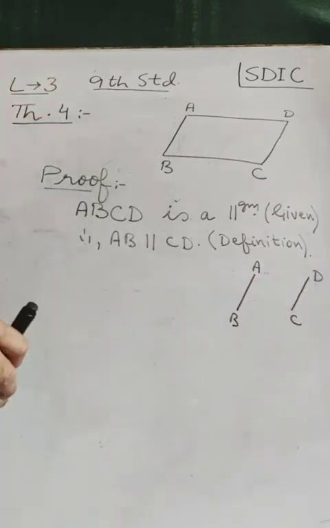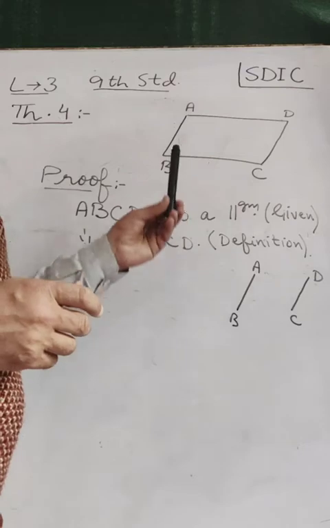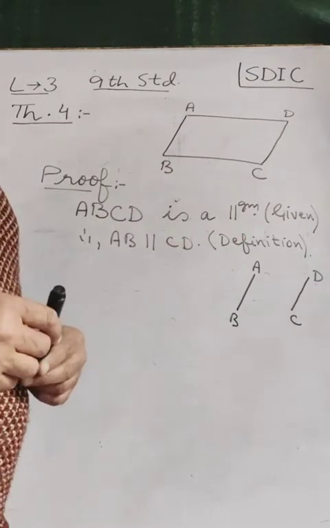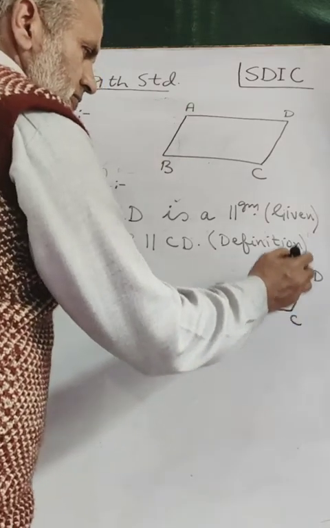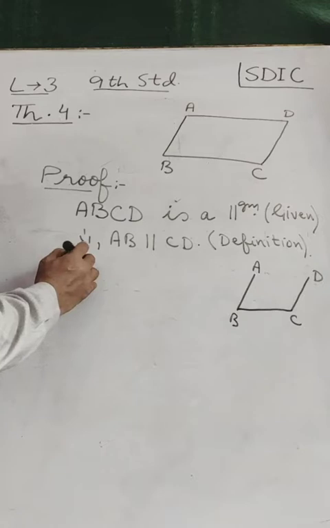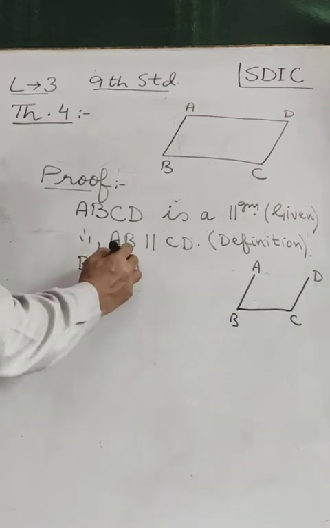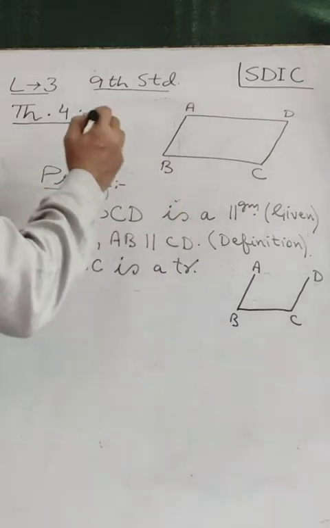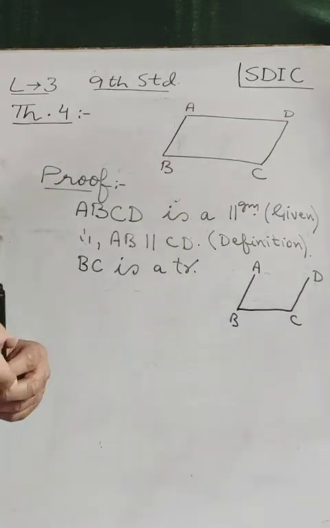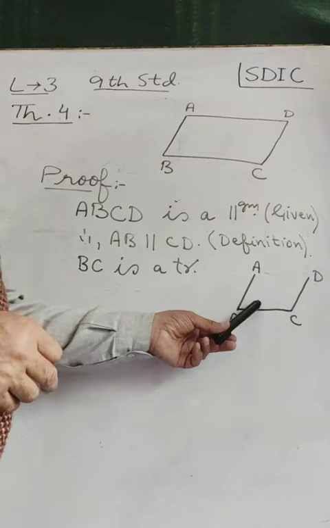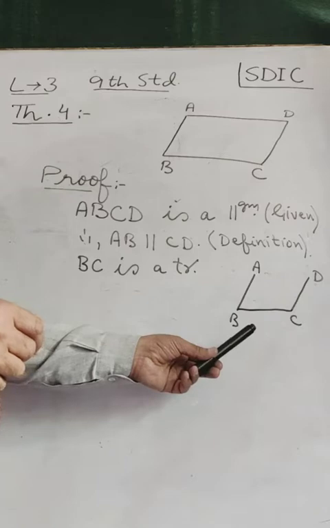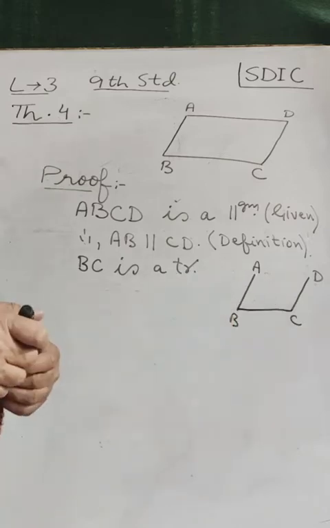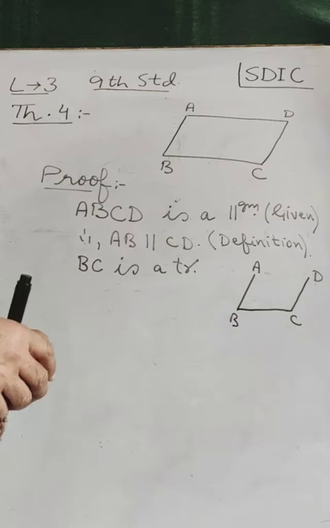And then in the diagram you can see there are two transversals. BC is one transversal, AD is another transversal. Let us consider BC transversal. So write BC is a transversal. Thus, two angles are formed there with this transversal. And the angles which are formed are related to each other. These you have read are co-interior angles.